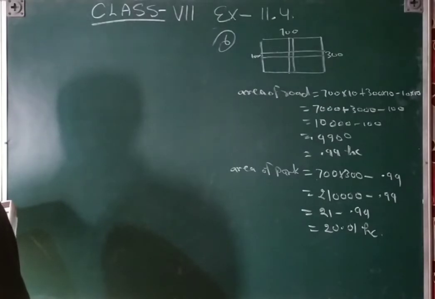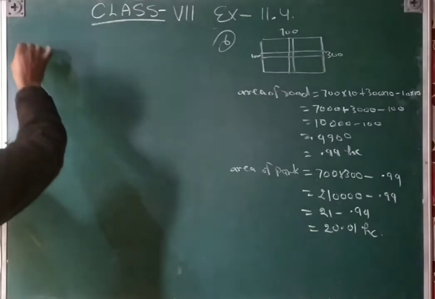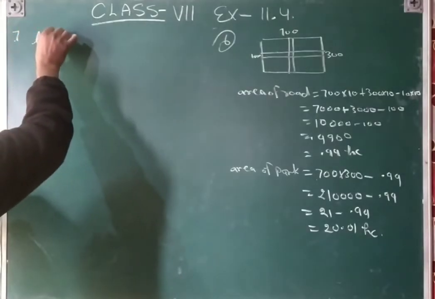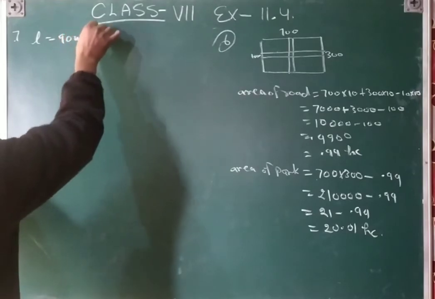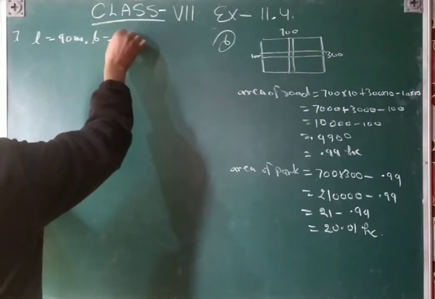If the width of road is 3 meter, find the area covered by the road. So length is equal to 90 meter and breadth is equal to 60 meter.